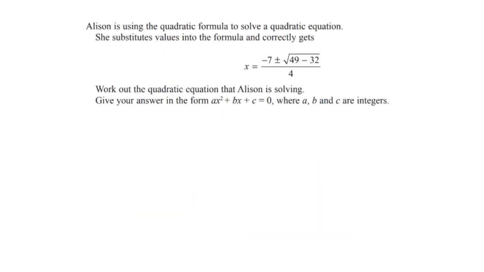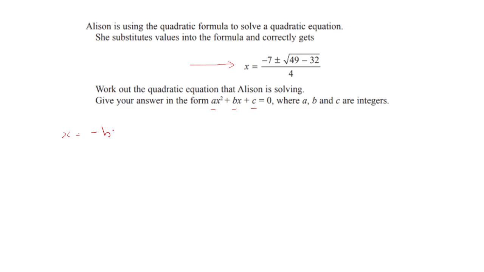Let's look at something a little bit different. So after Alison has plugged in all the values of a, b, and c into the quadratic formula, this is what it looks like. So our job here is to figure out what the values of a, of b, and of c actually are. Once again I'll write out the quadratic formula.